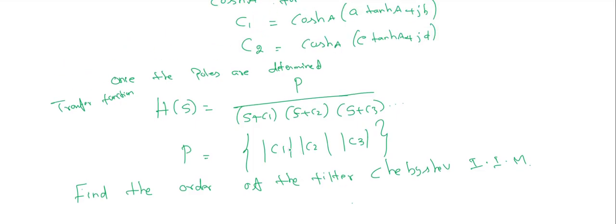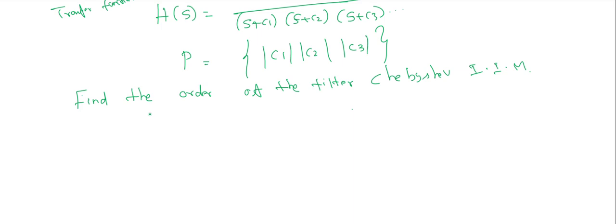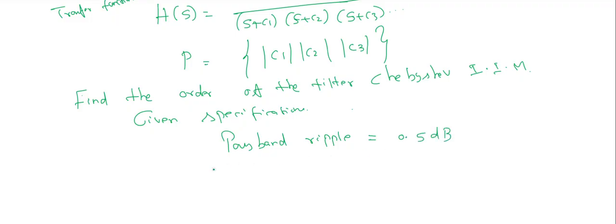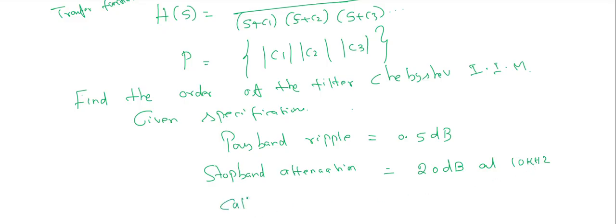So the given specifications are: passband ripple is given as 0.5 dB, stopband attenuation is given as 20 dB at 10 kilohertz, and the cutoff frequency is 2 kilohertz.